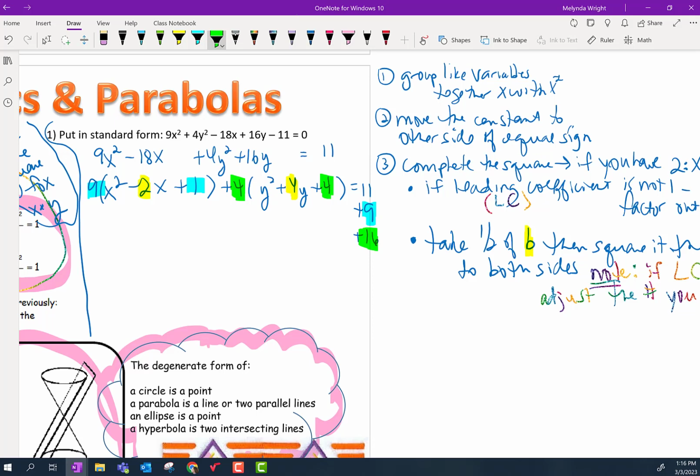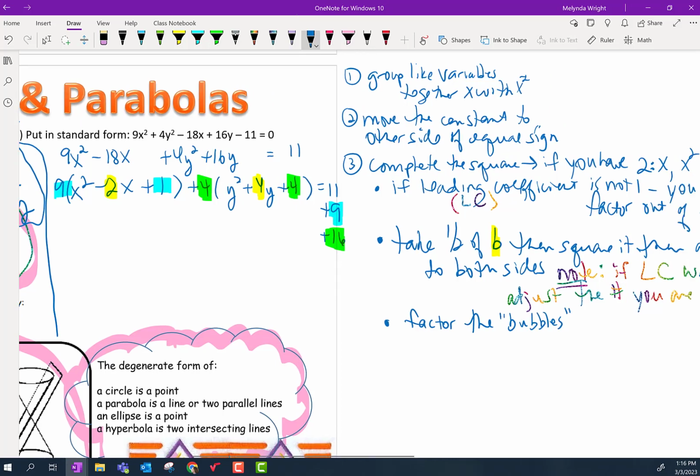That's where the numbers come from. So I'm going to pause here for a second. Questions? Okay. The next step, I factor, and I'm still going to call them the bubbles, just like I did last year, the bubbles, and clean up.